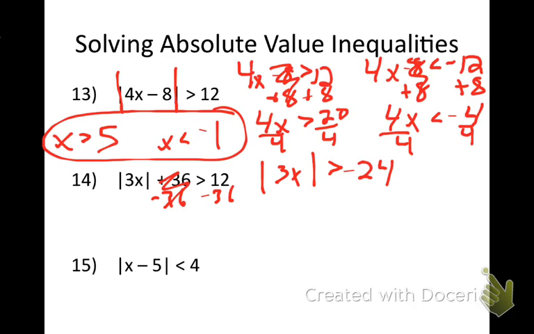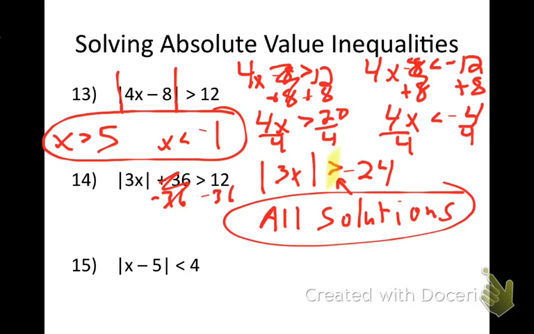Okay, we know it's never going to equal a negative, right? But it says the absolute value is greater than negative 24. So absolute value would always come out positive, right? So everything I plug in there, would it always come out greater than negative 24? It would. My answer here is all solutions. Okay? And it's because that inequality right there.